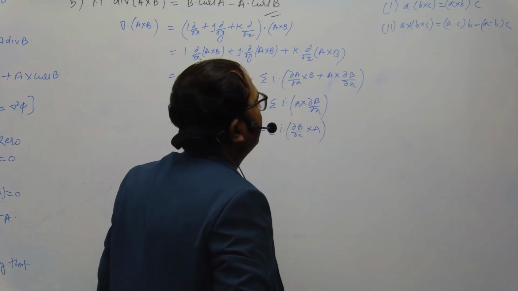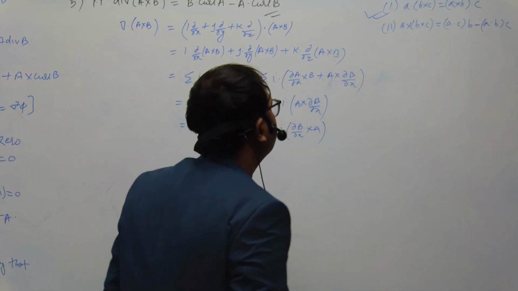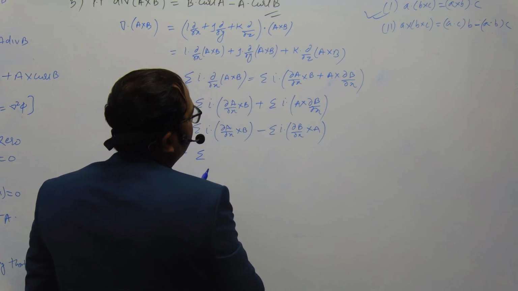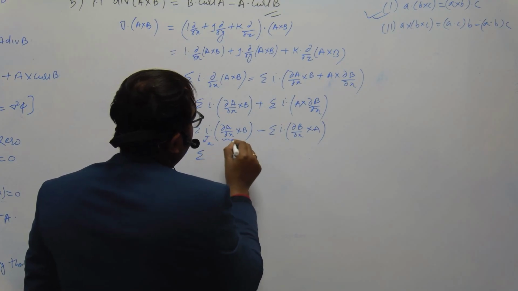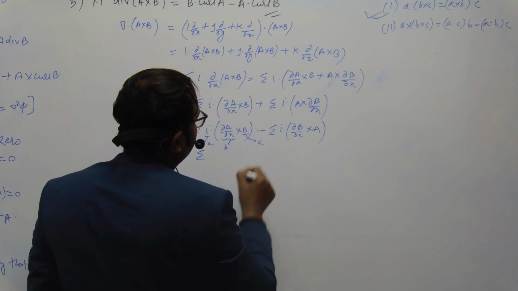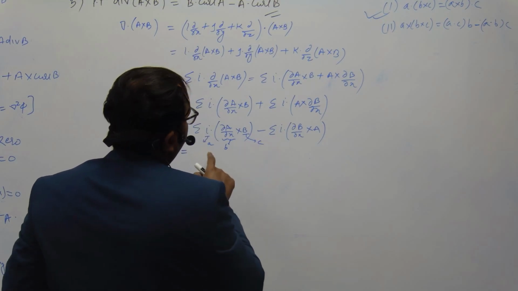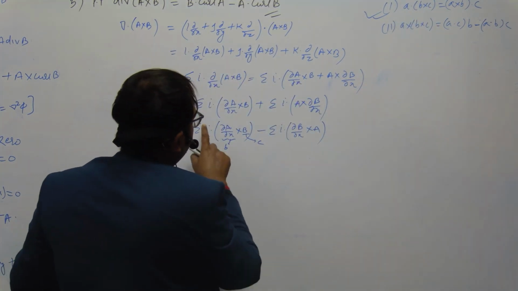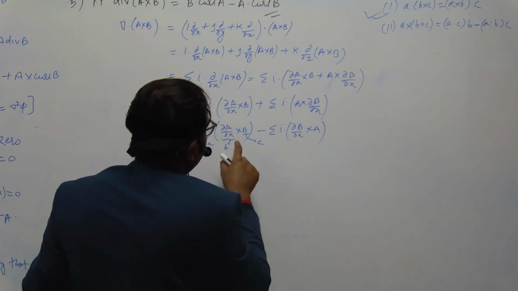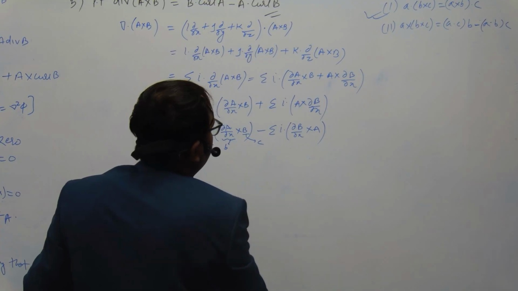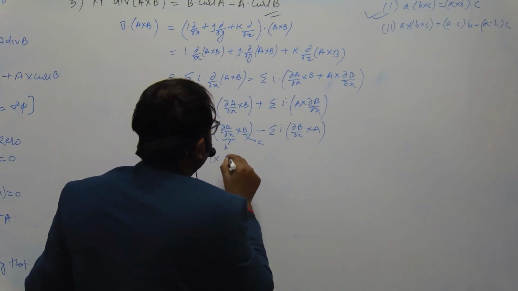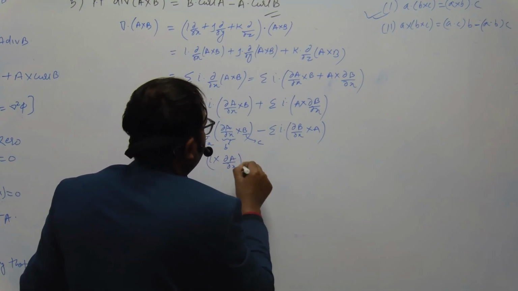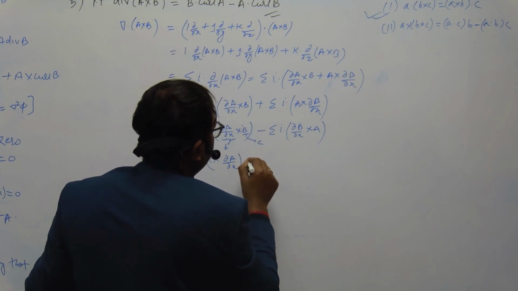Let us use the first one. So we have i dot B cross C. Let us take this as A, this as B, and this as C. So we have i dot B cross C, which is A dot B cross C. The first term is i, the second term is del A upon del x, and the third term is B. So this will be equal to i cross del A upon del x dot B, because we have to write first A cross B dot C, and this is the B vector.